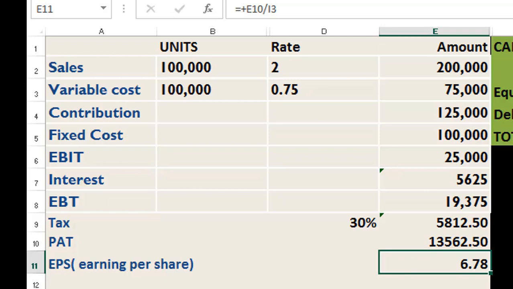So the profit after tax would now be 13,562 rupees 50 paisa. Now if you have to calculate the earning per share of the company, then we will take PAT and divide by the total number of equity shares, which is 2,000. So it will give you an EPS of 6.78. So that means the earning per share is rupees 6.78.